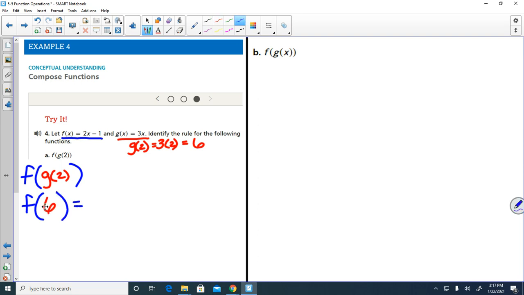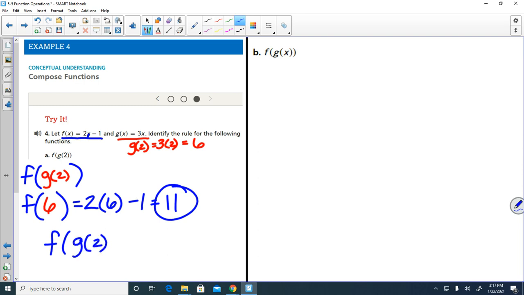Well, f of 6 means go to the f function and substitute 6 in for the x. So that equals 2 times 6, which is 12. 12 minus 1 is 11. So my answer is 11. So that means f of g of 2 is equal to 11.